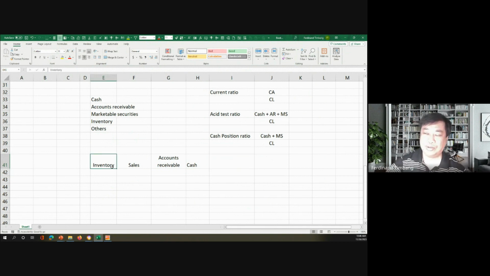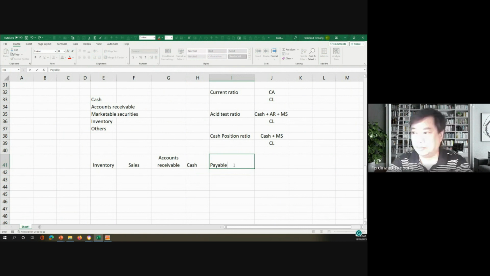So you buy inventory, then turn that into sales, then sales turn that into accounts receivable, and then go back to cash. Then once you receive your cash, then you have to pay for the payables.